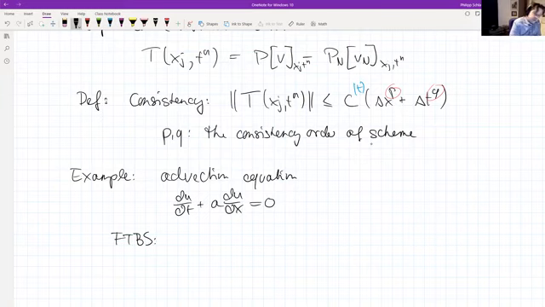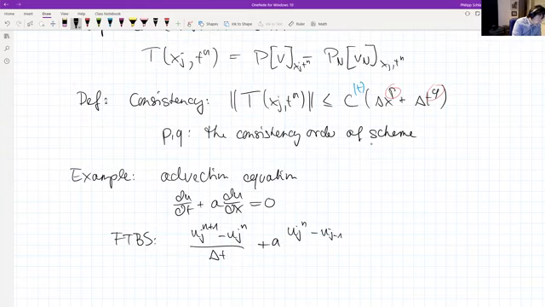So this is just the forward time, so an explicit Euler for the first term, and then it's a backward finite difference for the second term. So the fully discretized system would then look like this. I have (u_j^(n+1) minus u_j^n) divided by delta t plus a times (u_j^n minus u_(j-1)^n) divided by delta x is 0.